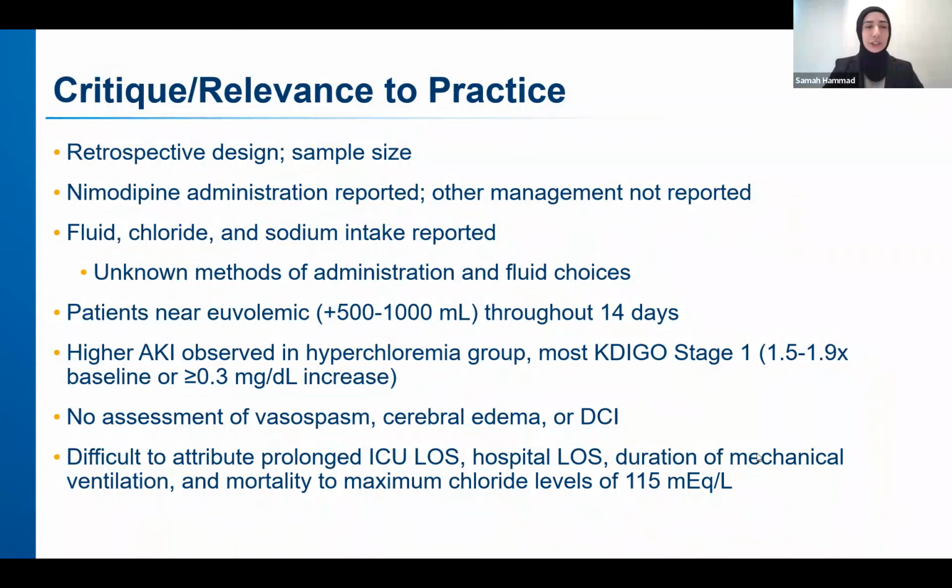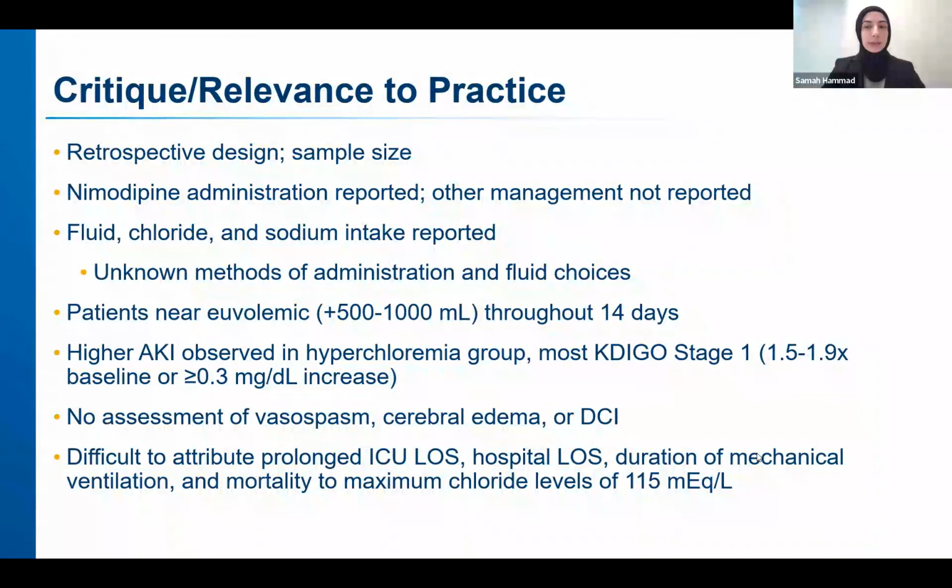Again, of note, patients were pretty euvolemic throughout the 14 days of the study. And then a higher AKI was observed in the hyperchloremia group, not statistically significant. However, it was mainly just stage 1 AKI with no patients needing renal replacement therapy or stage 3 AKI. There was no assessment of vasospasm, cerebral edema, or DCI.